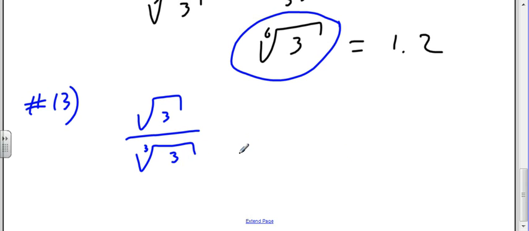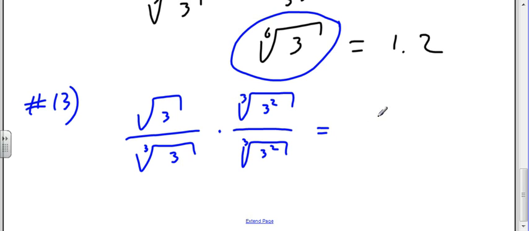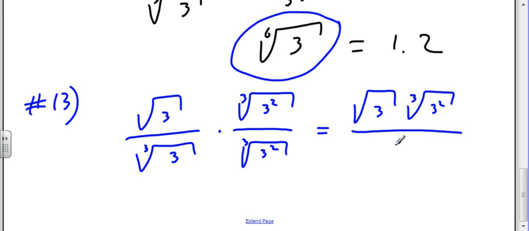I'm going to rationalize the denominator and multiply by the 3rd root of 3 squared over the 3rd root of 3 squared. And then I'm going to have the square root of 3 times the cube root of 3 squared divided by 3.